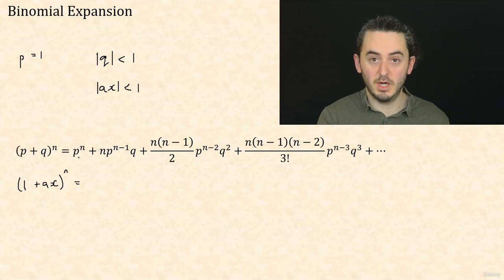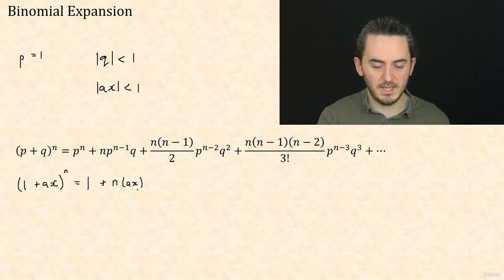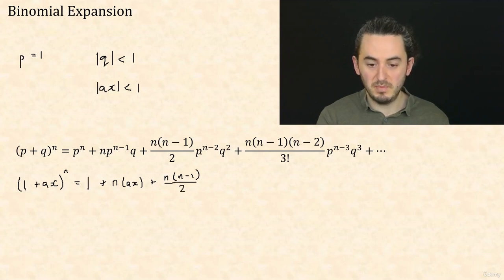Well, p is 1, so p to the n is just 1. And I can just ignore all of the p terms because they're all just 1. So what I have in my next term is just n, and then q is ax, so just n times ax. And my next term, n minus 1 over 2. The p to the n minus 2 stuff, that's just 1 to the power of something, so that's just gone.